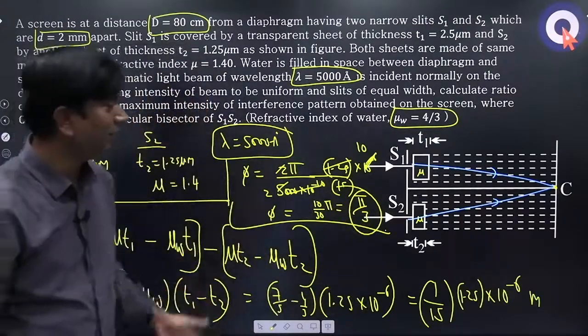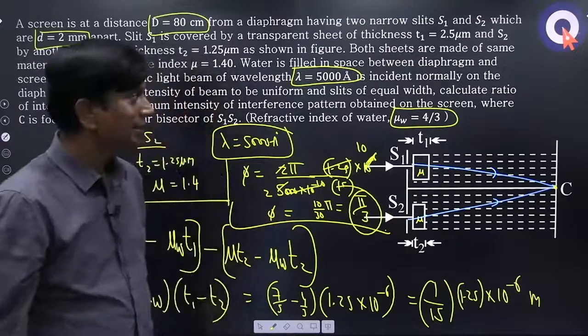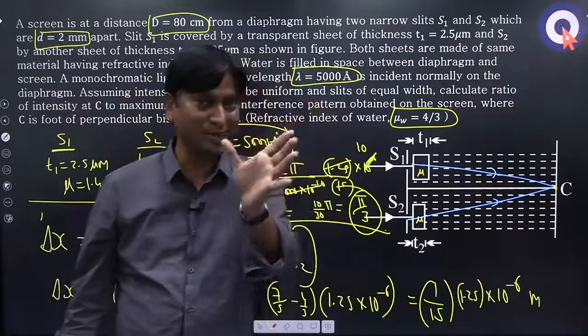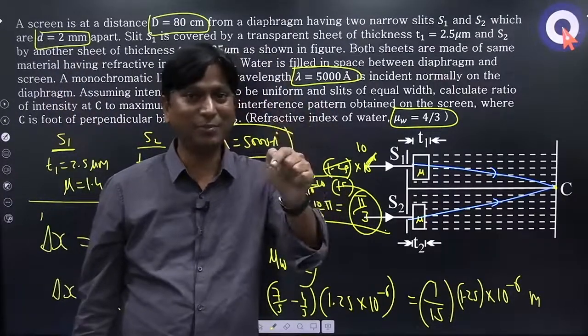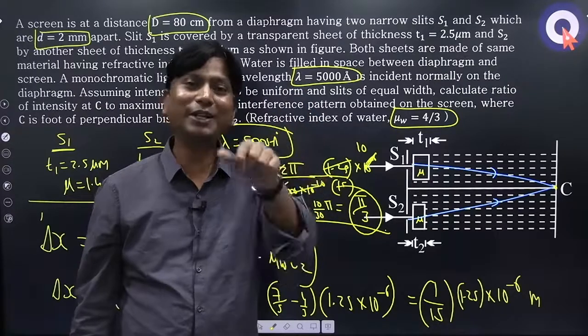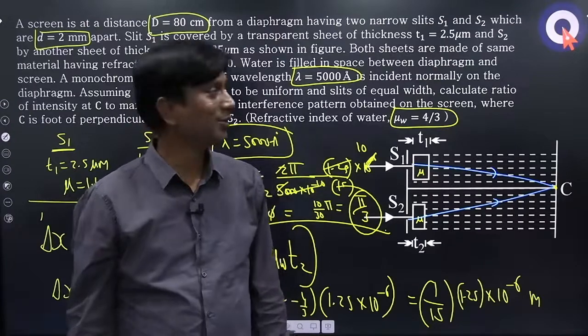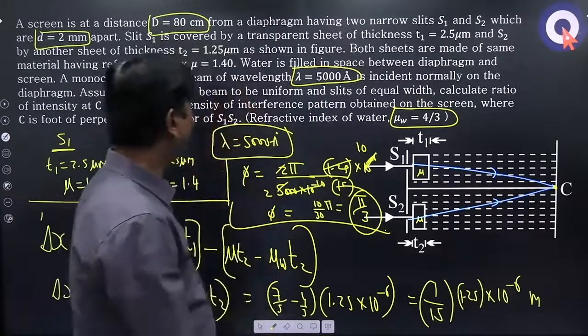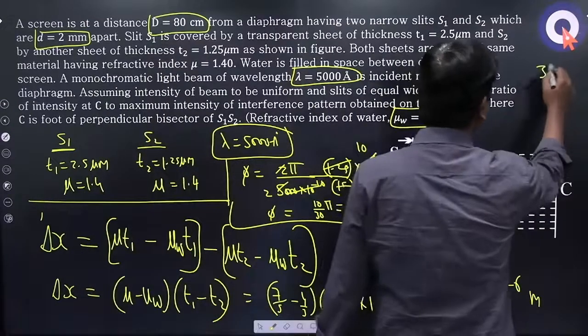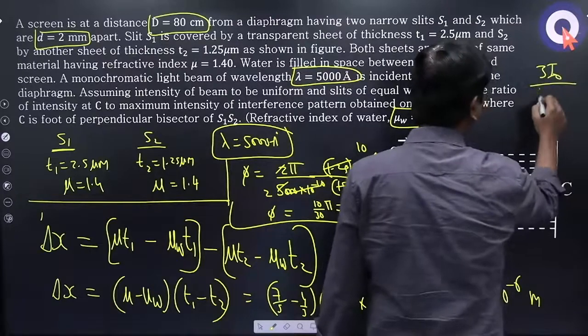So when the phase difference is pi by 3, the amplitude becomes root 3 times A, since the two amplitudes are A and A. So intensity will become 3 I naught. They are asking the ratio of the intensity at this point, which will be 3 I naught, and the central maxima means 4 I naught.